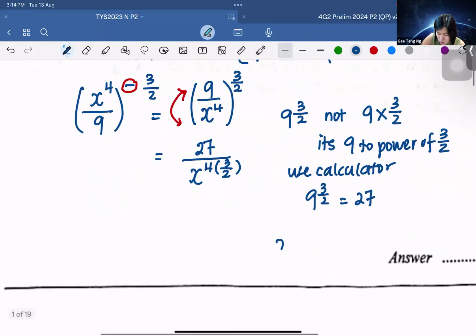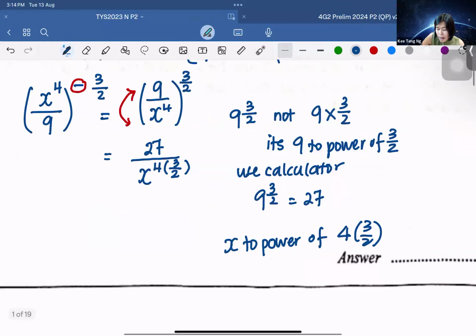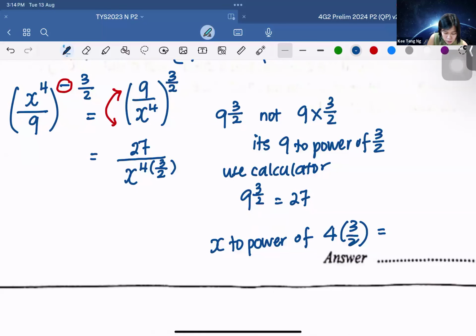So this is now x to the power of 4 times 3 over 2. Then I work out just the power itself. 4 times 3 over 2 gives me the power 6. So simplifying it, this one will become x to the power of 6.